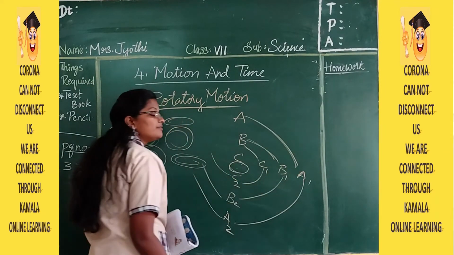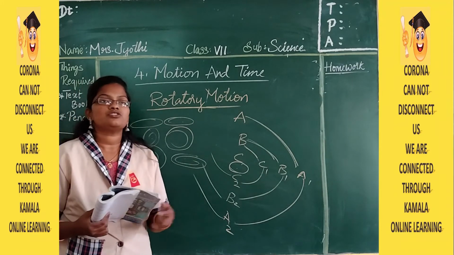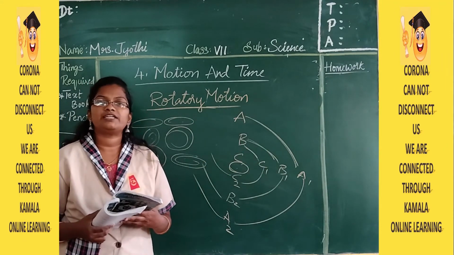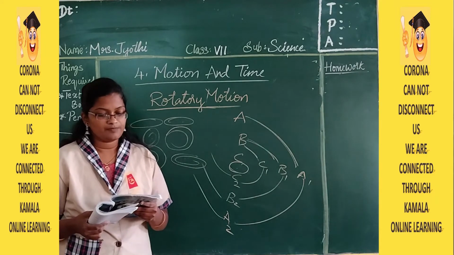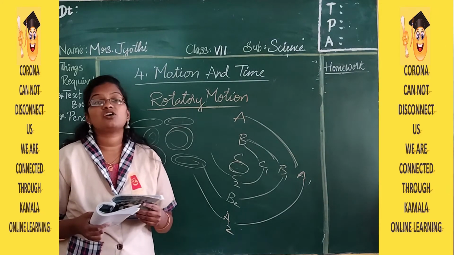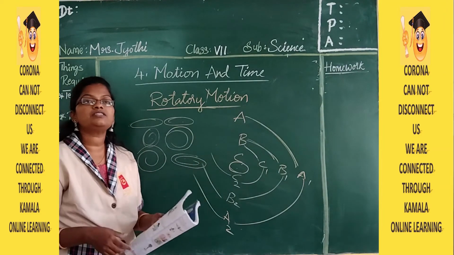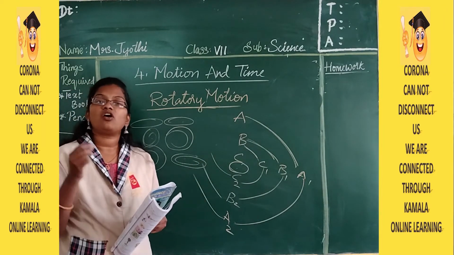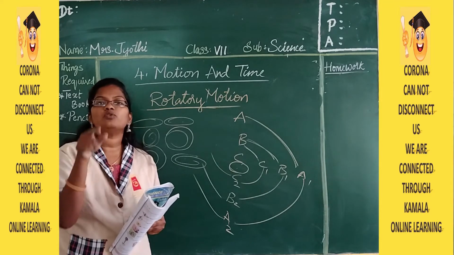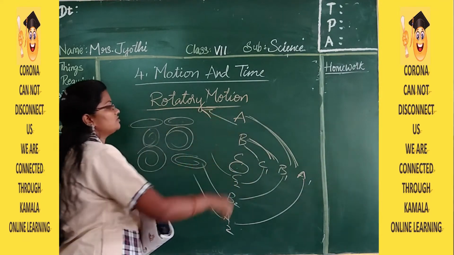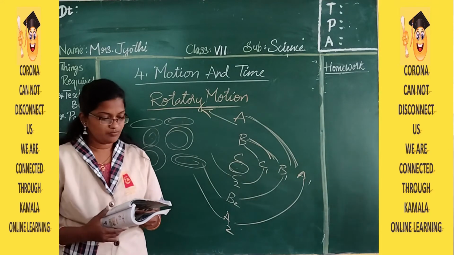These we call imaginary lines. So this we call the axis of rotation. So this type of motion is called rotatory motion, and always in a rotatory motion they move in a circular path. So we call it rotatory motion.